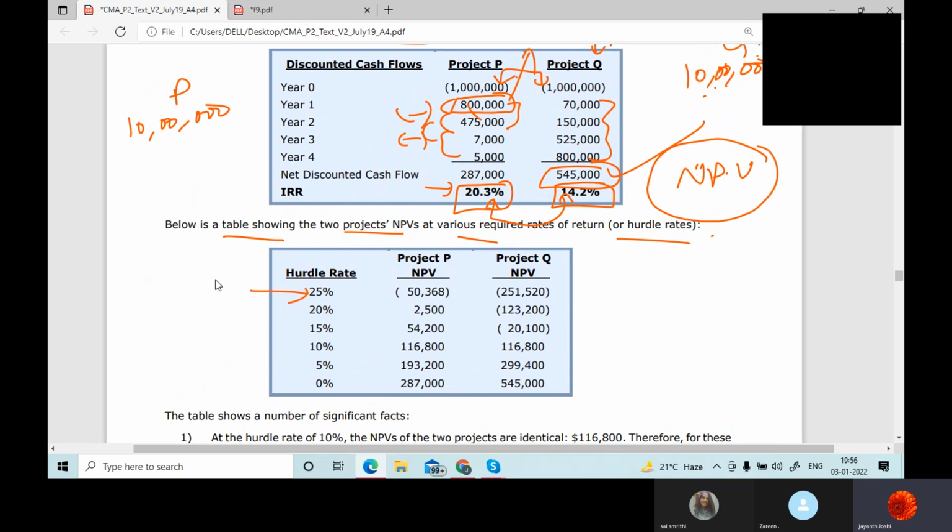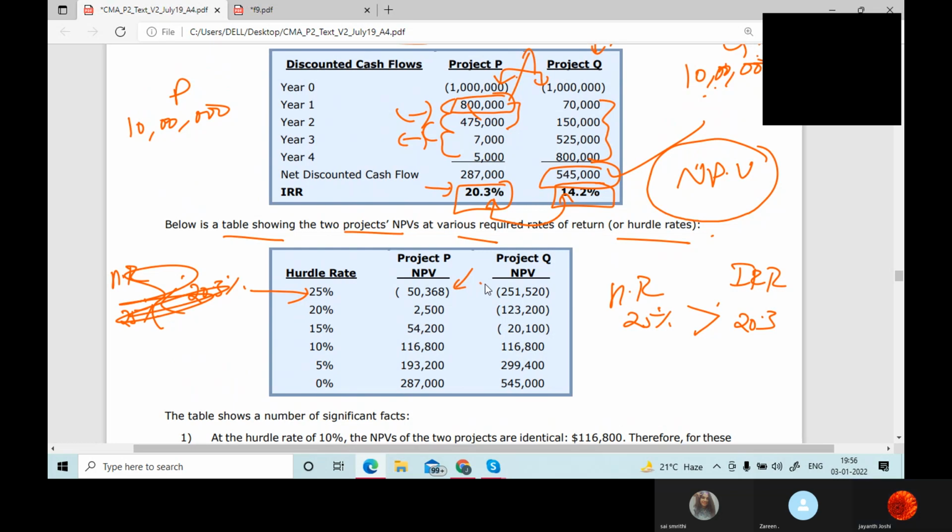At 25%, my hurdle rate is 25 and my IRR is 20.3, so my hurdle rate is more than IRR. I should definitely reject the project, because I'm getting negative NPV, in both the cases.